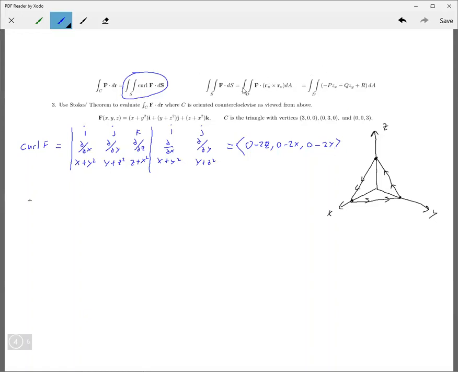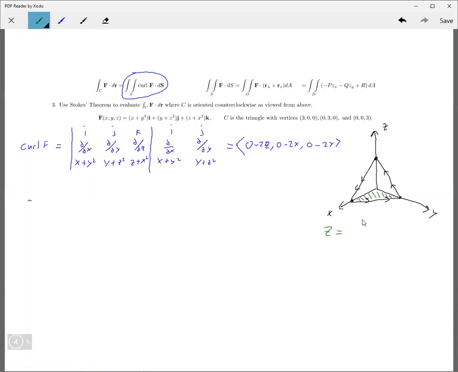Now, we have to go back to what we learned about surface integrals. Essentially, we're going to integrate over this region here because the actual triangular surface is part of a plane.